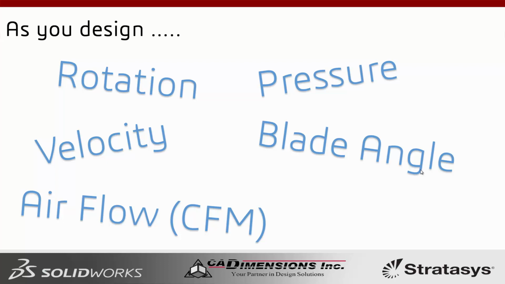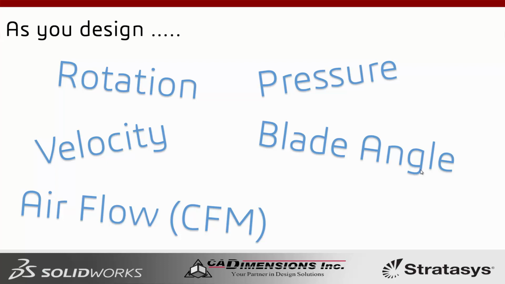By running this virtually in our simulation flow package analysis, you'll be able to reduce the cost of prototyping. You probably will not remove physical prototyping altogether, but you can cut down the number of prototypes you use, and also save some time because you're no longer designing in a black box.